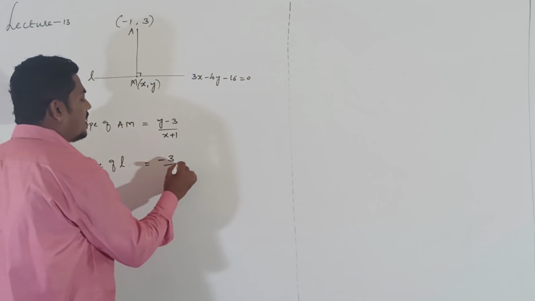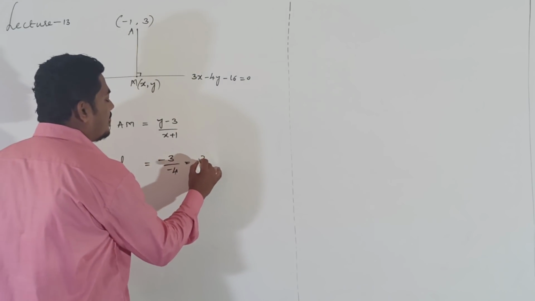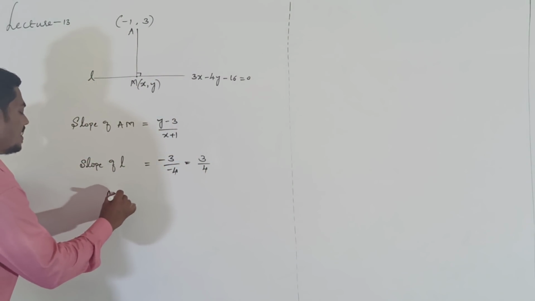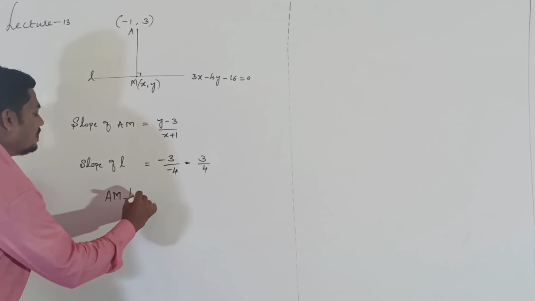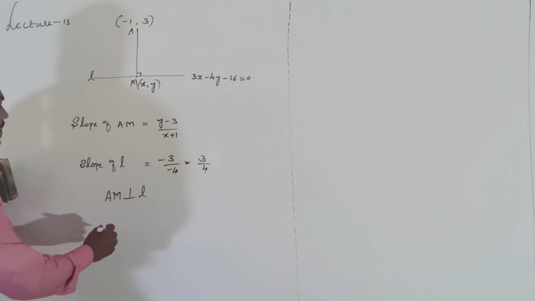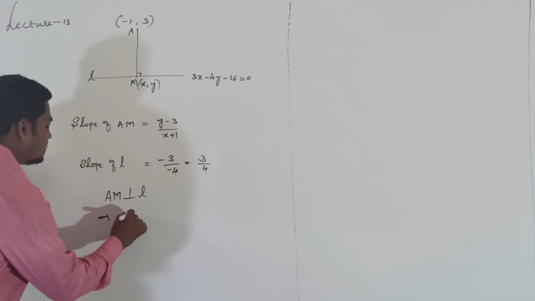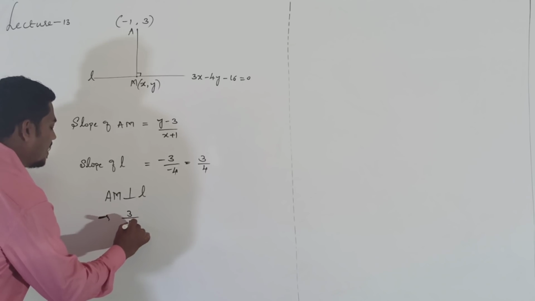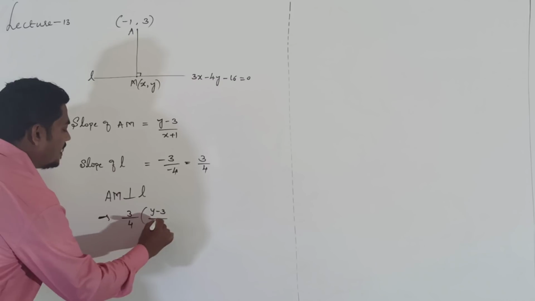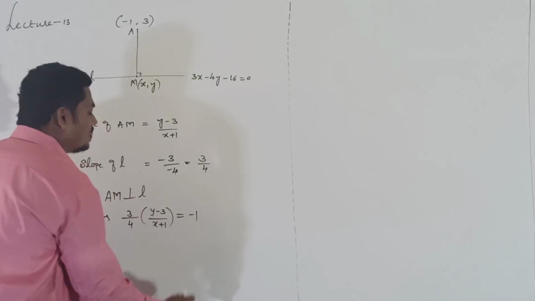So minus 3 divided by minus 4, that's equal to 3 divided by 4. AM is perpendicular to L, so what do you conclude? The product of their slopes equals -1. 3 divided by 4 into y minus 3 divided by x plus 1 is equal to -1.